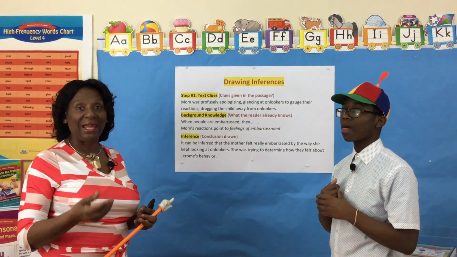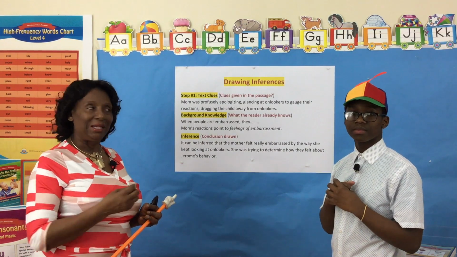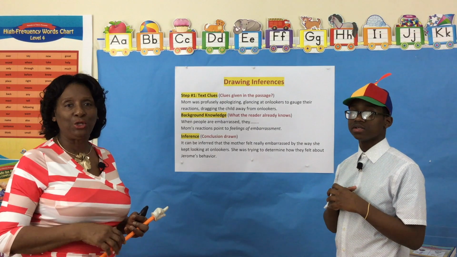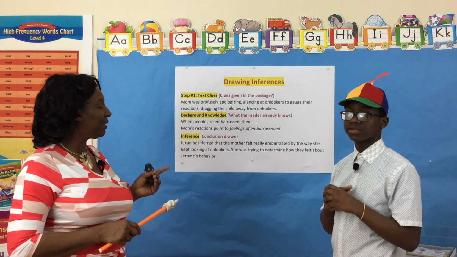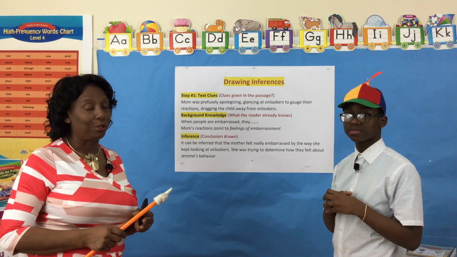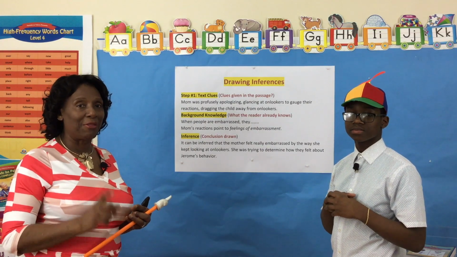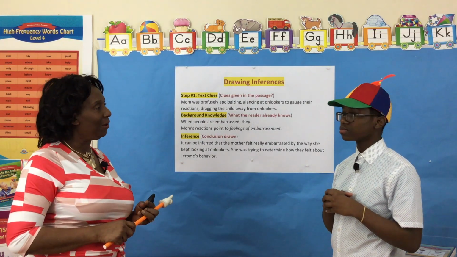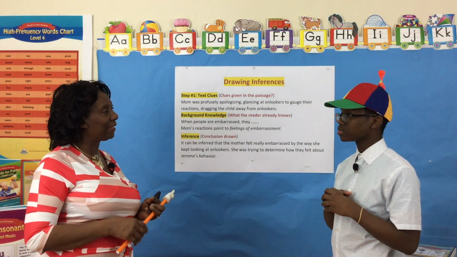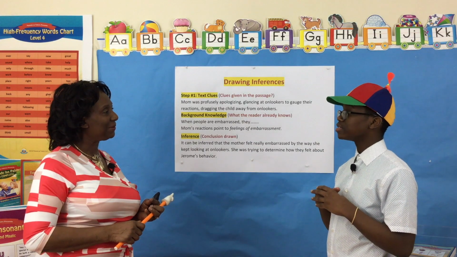So children and parents, here's Romel. Romel was doing the very same thing that you were doing. Romel read the text and Romel had to make an inference as to how the mother felt. So Romel, what can you infer about how the mother felt? She felt embarrassed.